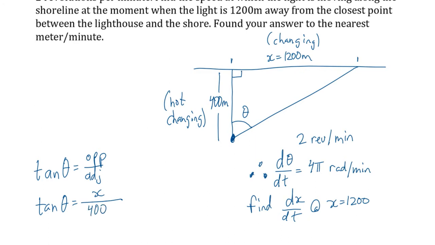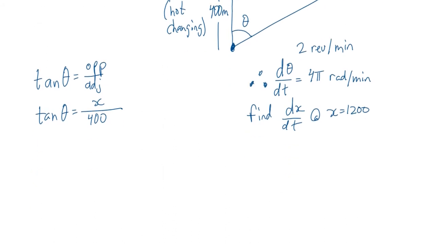Okay. Now I can go ahead and take the derivative, because I'm not doing any substitution here. If you remember, the derivative of tan is secant squared, and you have to do your d theta by dt. This is like the derivative of 2x is 2, so the derivative of 1 over 400 x is 1 over 400.